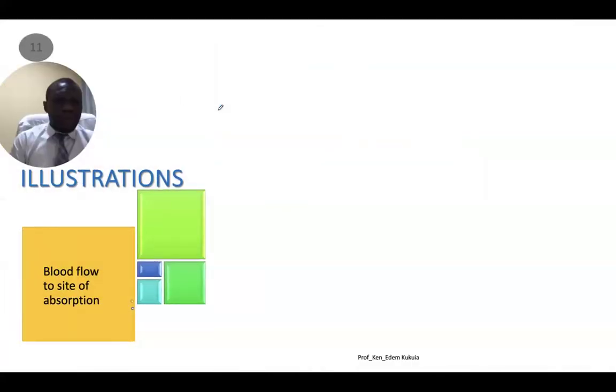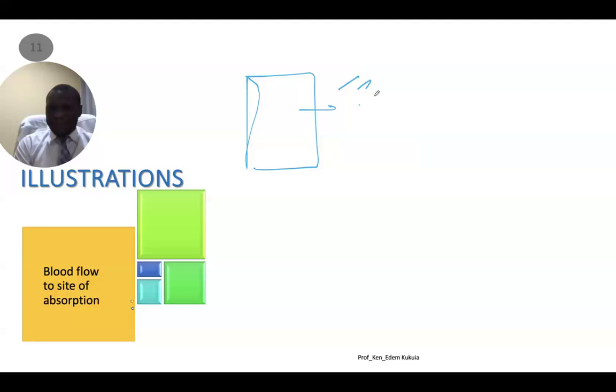We come to blood flow to the site of absorption. Now, when we need absorption, so let's say if this is the medium in which your drug is, and this part is your circulation, the drug needs to be able to cross into circulation.